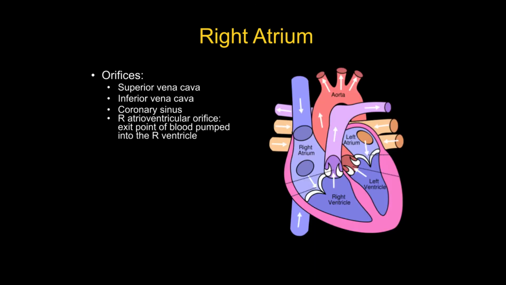The other orifice is that which exits the right atrium and goes into the next chamber, which is the right ventricle. So that orifice is called an atrioventricular orifice on the right side. So the right atrioventricular orifice, the exit point of the blood which is pumped into the right ventricle.